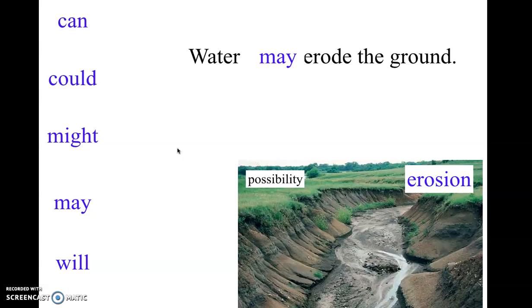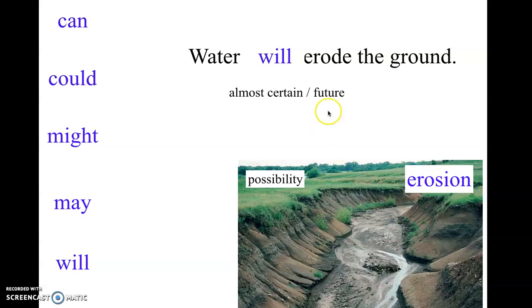Water may erode the ground. Here, it's even more possible than could or might, right? We're pretty sure that water will erode the ground, but there's still the small possibility that it will not. And now let's look at will. So water will erode the ground. This has two possibilities.